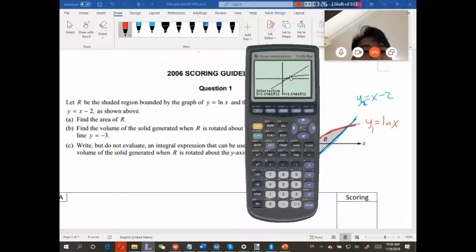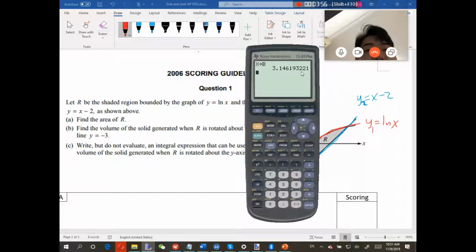Okay, so here's one of our intersects at y equals 1.146. Okay, I don't want to move anything, so before I touch anything, I'm going to hit second quit, and then x store as alpha. I'm going to call this b since that was our right one, and hit enter. Okay, so now I've got that point, my intersection point that I won't have to round for.